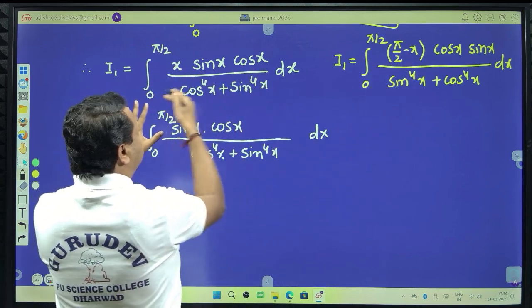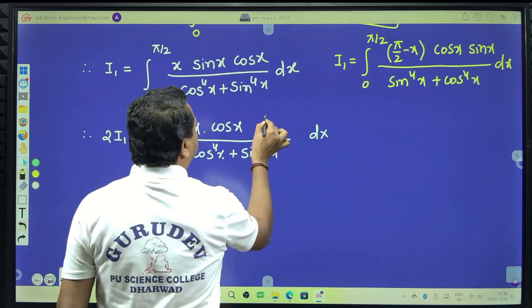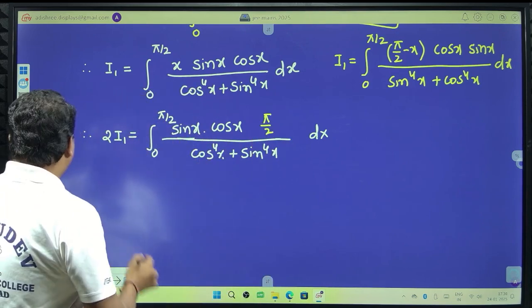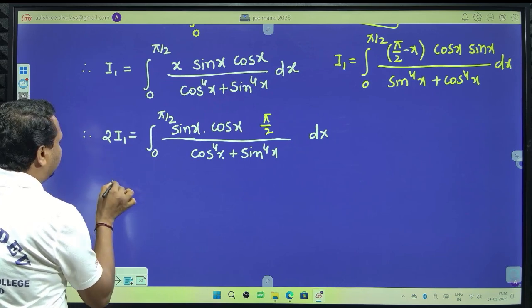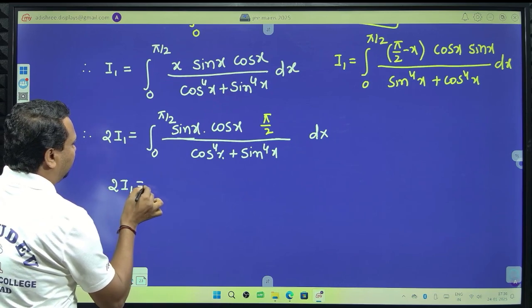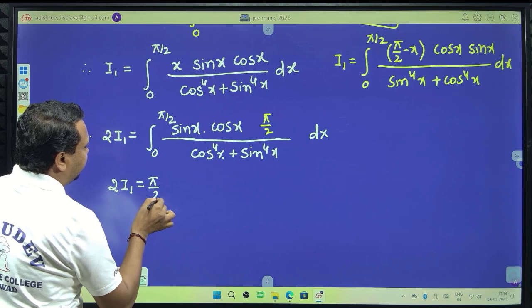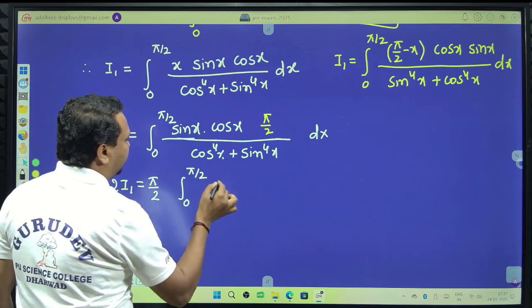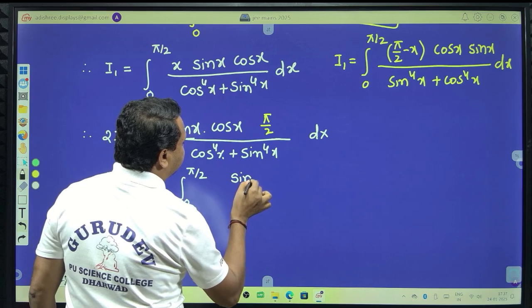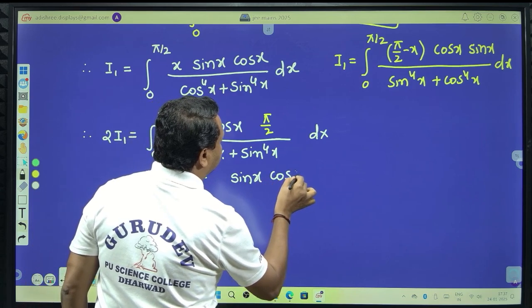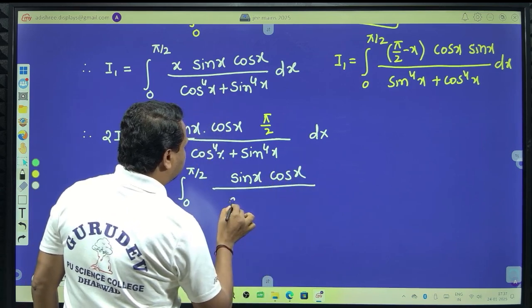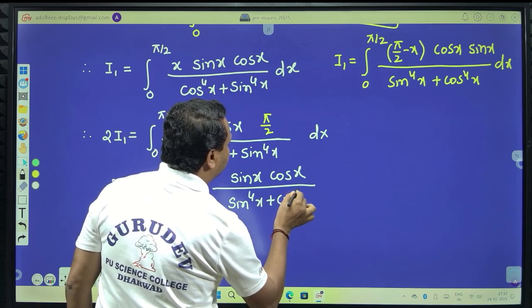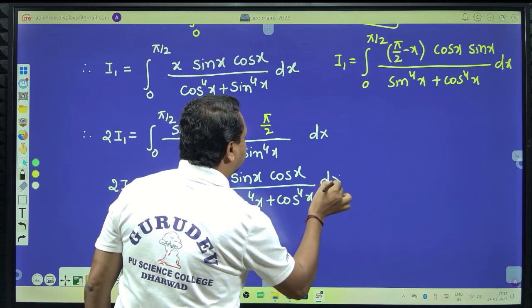When you add it, plus x minus x get cancelled. What is left? Pi by 2, which is constant. So I'll keep it outside. So what we have? 2I1 is equal to pi by 2 outside the integral, 0 to pi by 2, and the numerator we have sin x into cos x divided by sin raised to 4x plus cos raised to 4x, and dx.